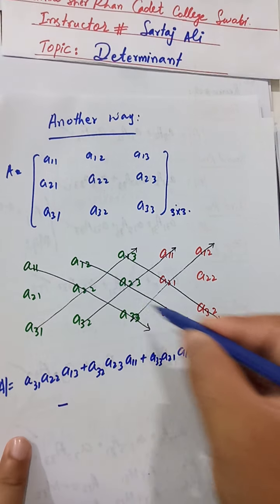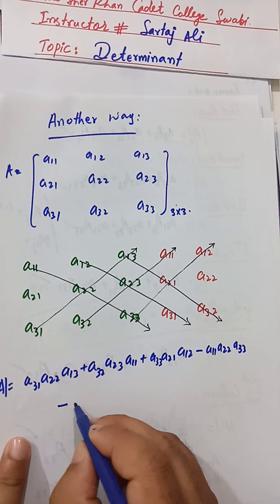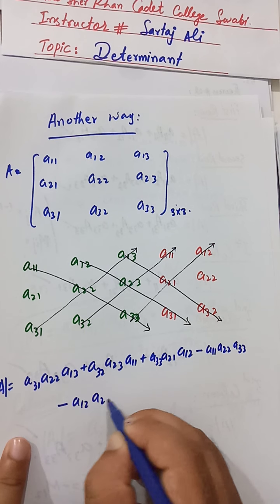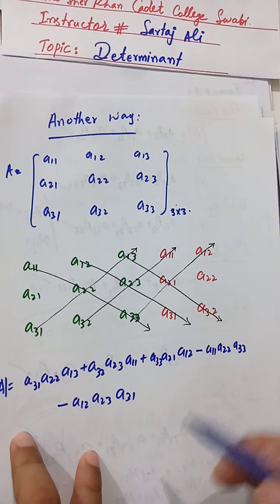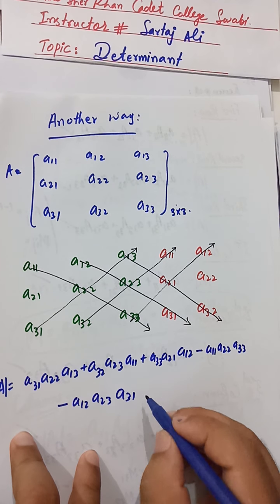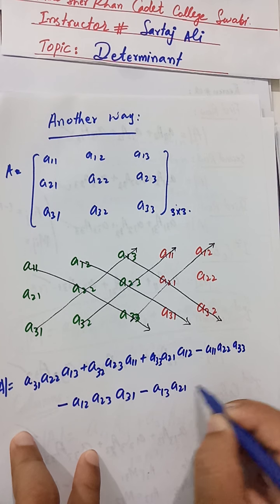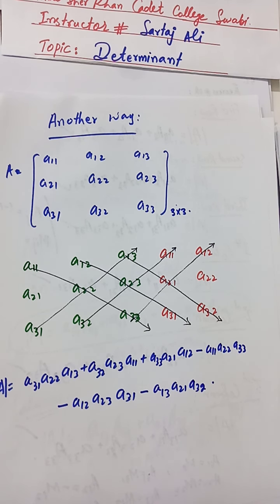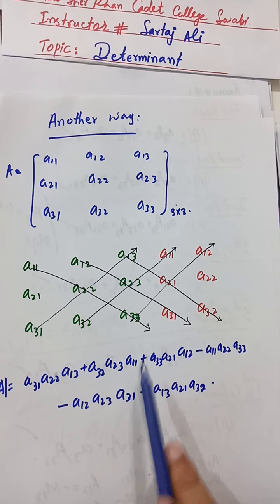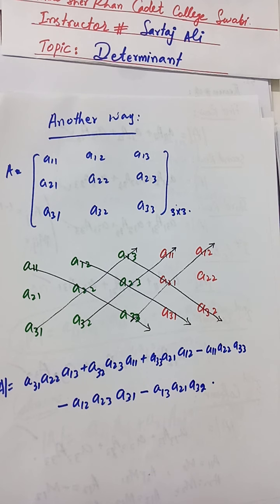This is another arrow directed downward, so multiply these, and there will be a minus sign with this also. And then the third arrow headed downward, so multiply these elements. So this is also a formula, another method to find the determinant of 3 by 3 matrices.